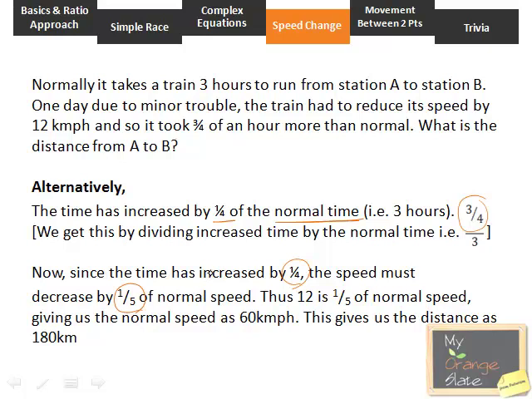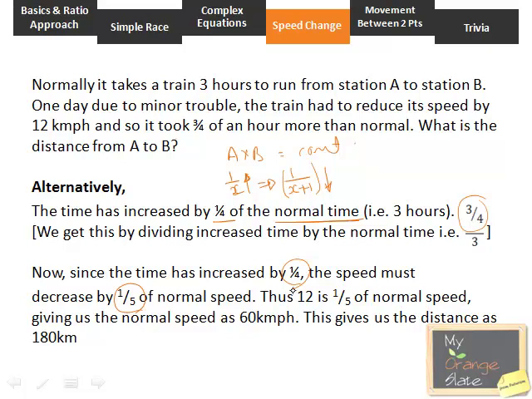It's very simple logic that if A multiplied by B is constant, increase of 1 upon x fraction of A implies that there must be a decrease of 1 upon x plus 1 part of B. We know that speed into time is constant, the distance.